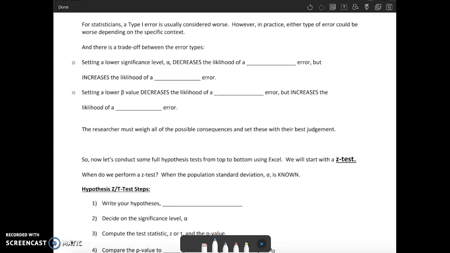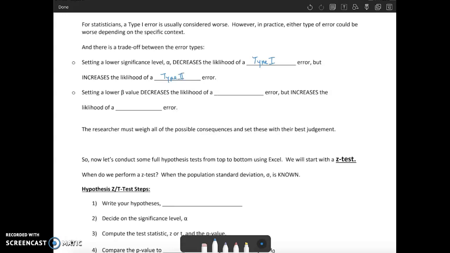So if you set a lower significance level alpha, that will decrease the likelihood of that type 1 error occurring, right? But when you do that, the flip side is that it actually increases the likelihood of a type 2 error occurring.